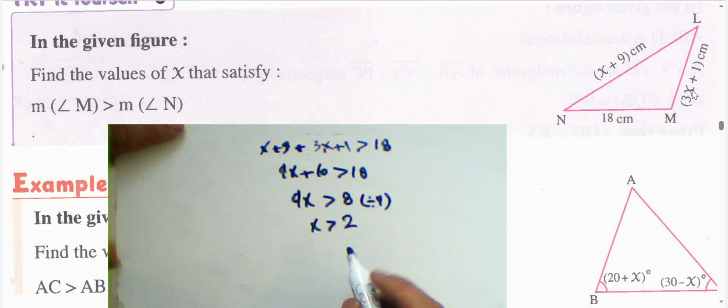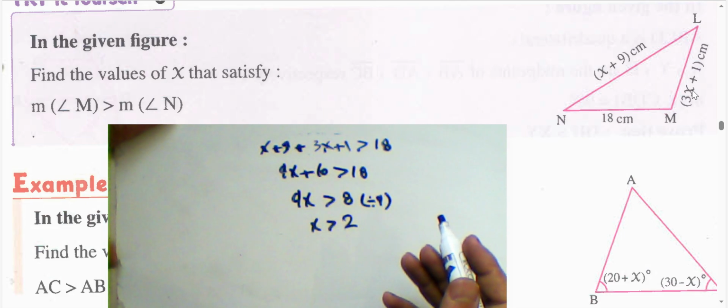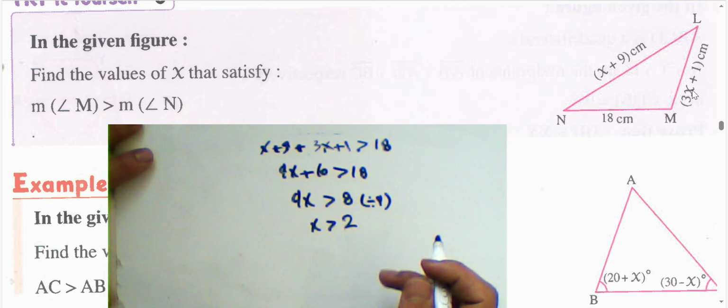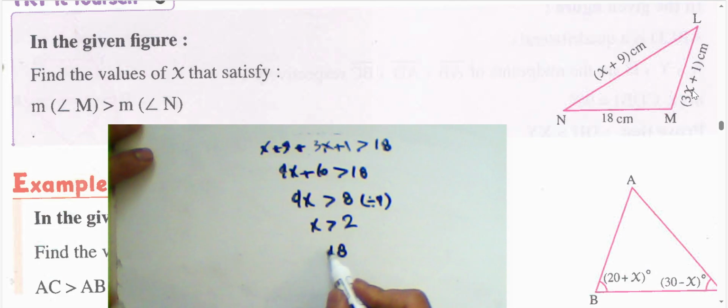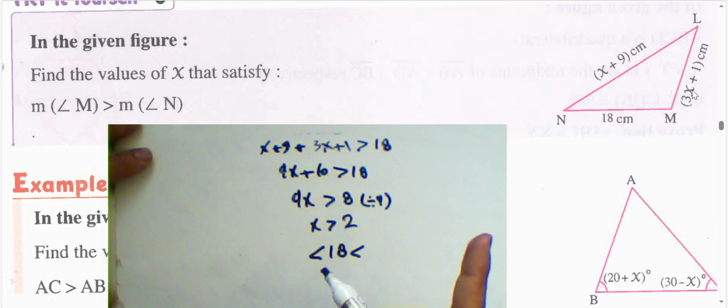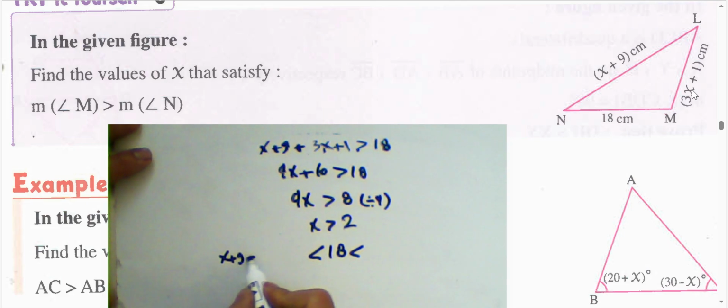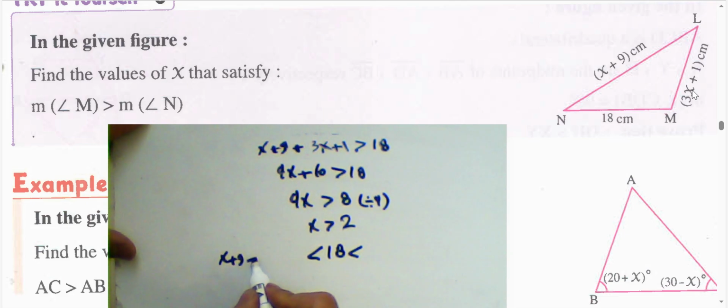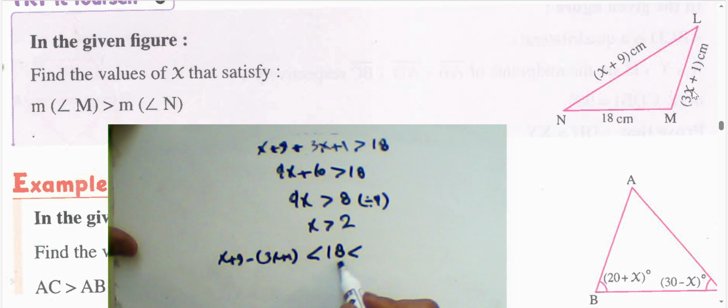Okay, so he wants to find the relation between the measure of angle M and the measure of angle N. X is greater than 2. How can we solve this? We also know the line segment 18 is greater than the difference between the two sides and less than the sum of the two sides. We write the difference first: x plus 9 minus 3x plus 1, and less than the sum of the two sides, x plus 9 plus 3x plus 1.